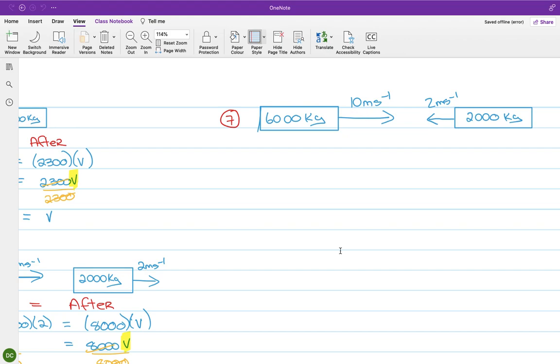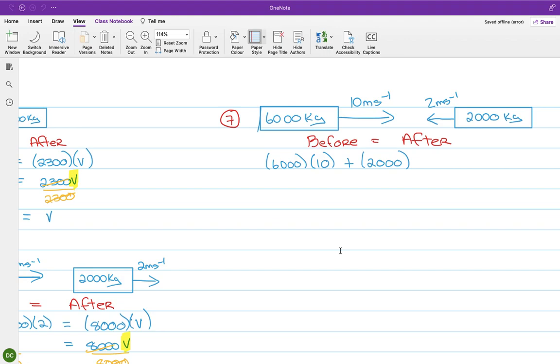All right, so same again, before equals after. Before, they're two separate entities, so we have two calculations for momentum. It is 6,000 by 10 plus 2,000, and we want to acknowledge that the 10 and the 2 are in different directions.